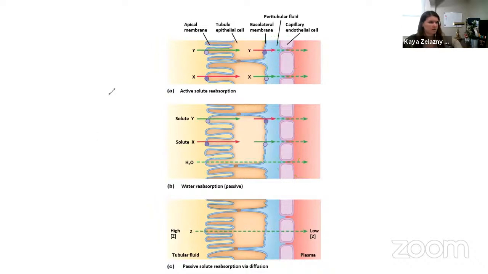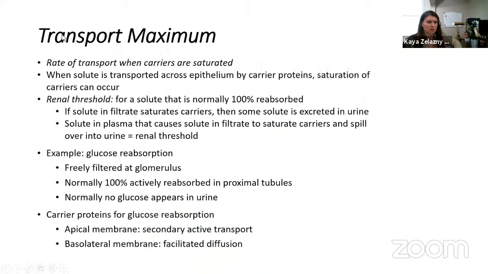Okay. When we get to glucose, that was where we started talking about transport maximum and transport threshold. I think this is the slide we left off with on Friday, introducing this idea of the transport maximum.